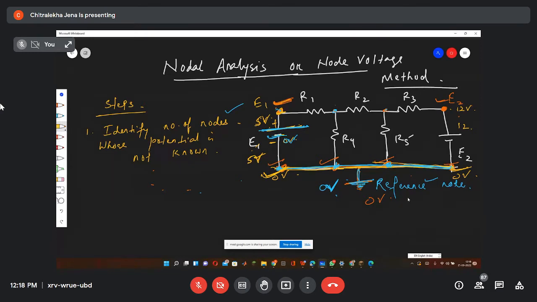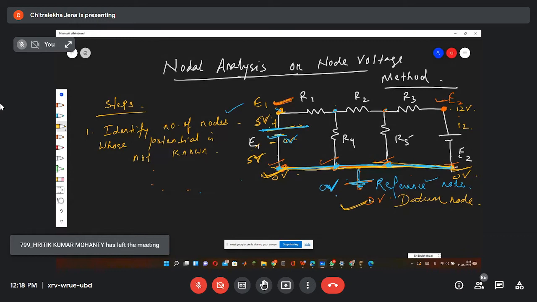So this is called the reference node, or it is also called the datum node, where the potential is 0 volt. Now you have identified the number of nodes whose potential is not known to you. One of the nodes you are taking as 0 volt.